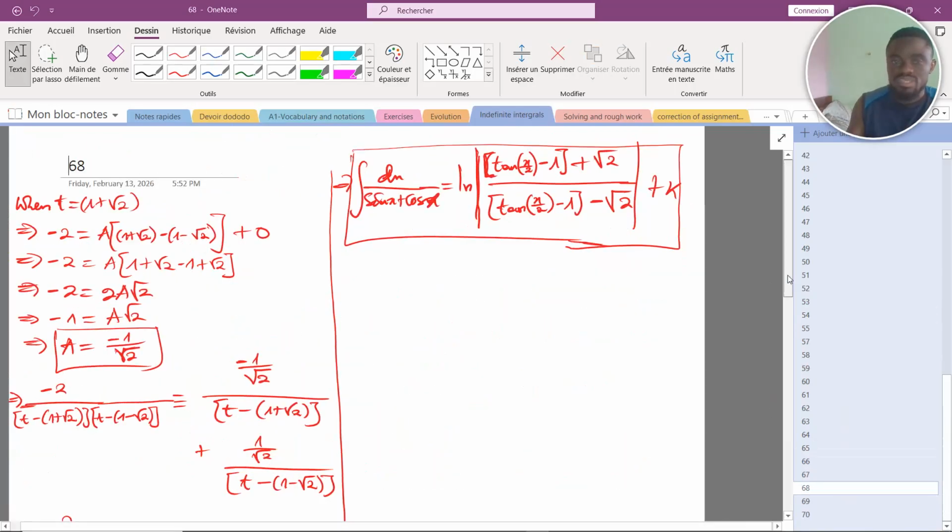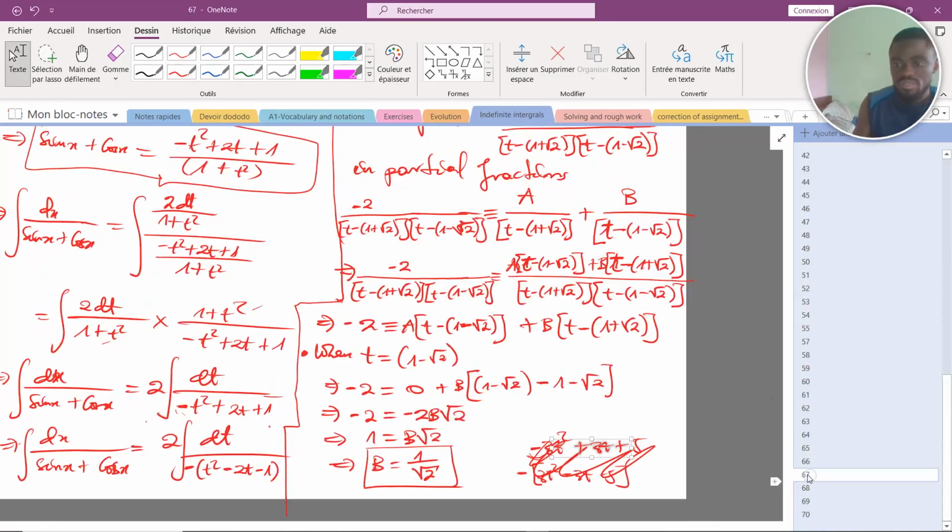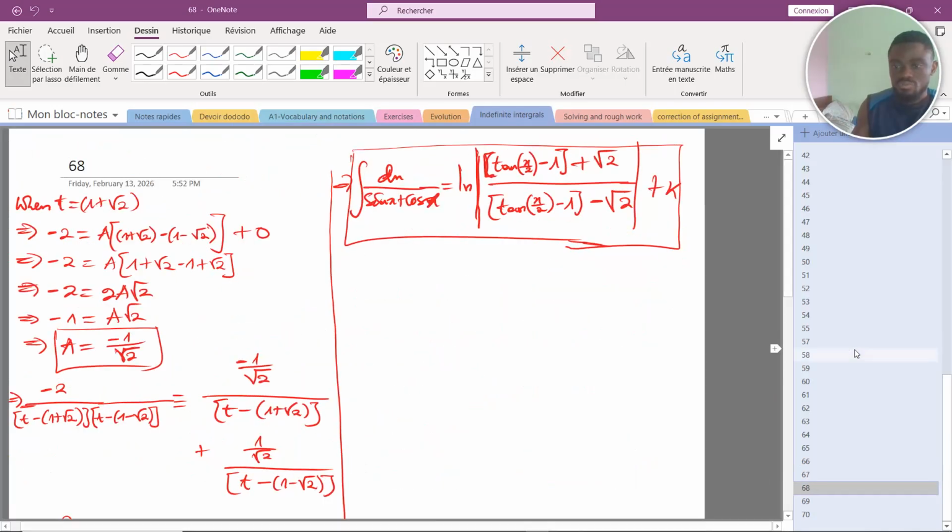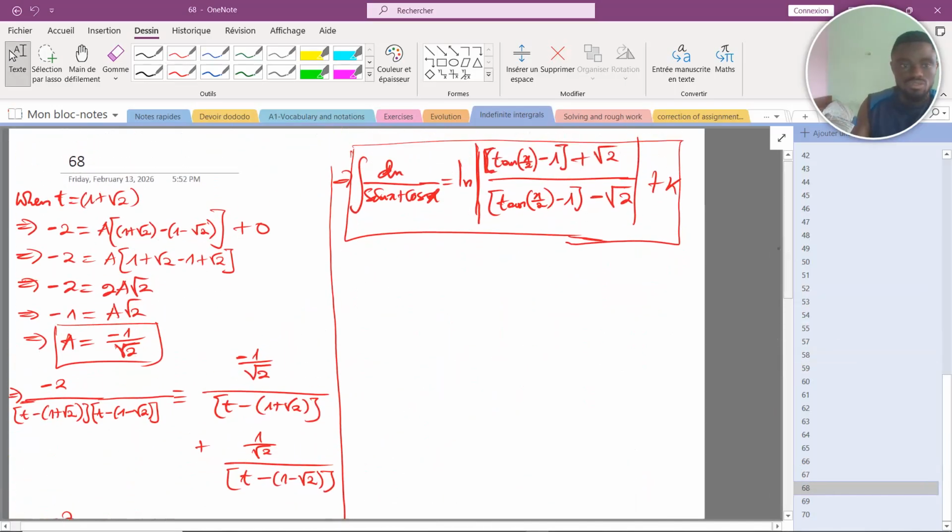We do the same thing for when t equals 1 plus root 2, I'll have minus 2 being equal to a times, let me go back here, I'll substitute here when t equals 1 plus root 2. When I substitute it here, this becomes 0, and I'll also substitute 1 plus root 2 here. So on this side, I'll have minus 2 being equal to this.